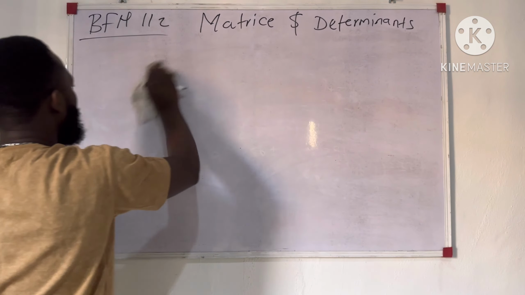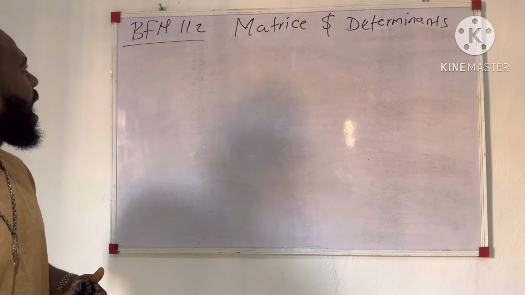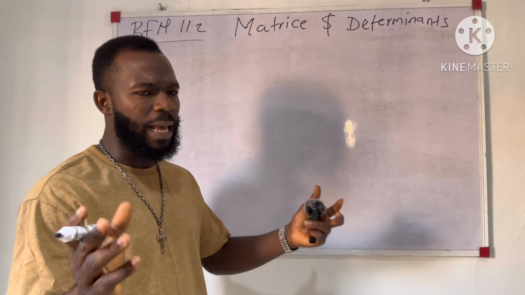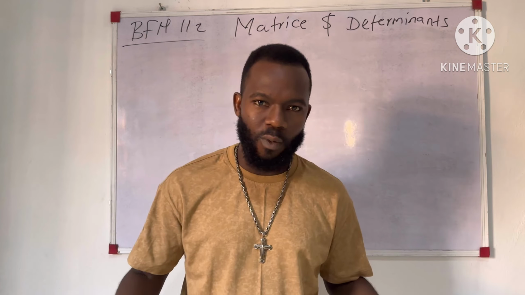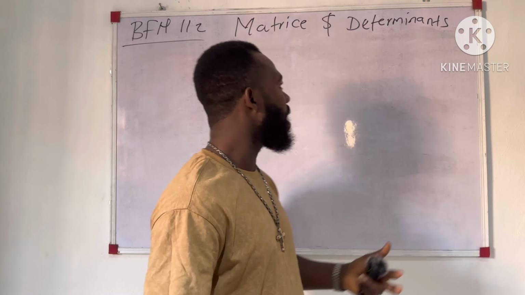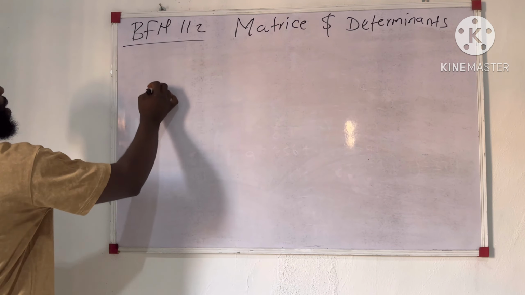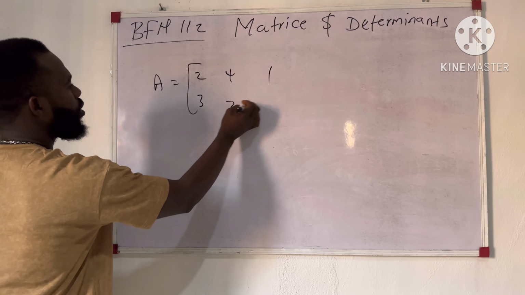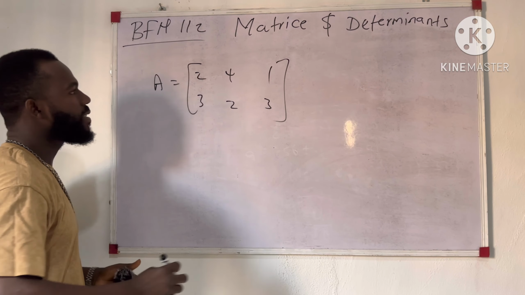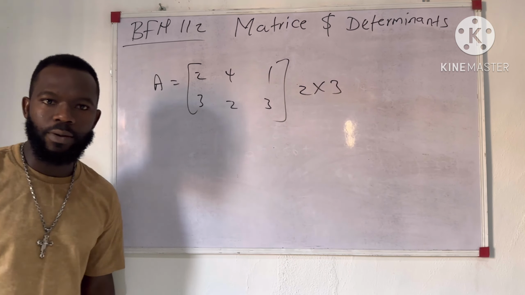I'll give an example, but before that, let us see how matrices can be represented. We have different types of matrices. Matrices can be 2 by 2, 3 by 3, 2 by 1, 3 by 1. It depends on how the elements are being arranged. For instance, if I have A is equal to 2, 4, 1, 3, 2, 3, this type of matrix is known as a 2 by 3 matrix.